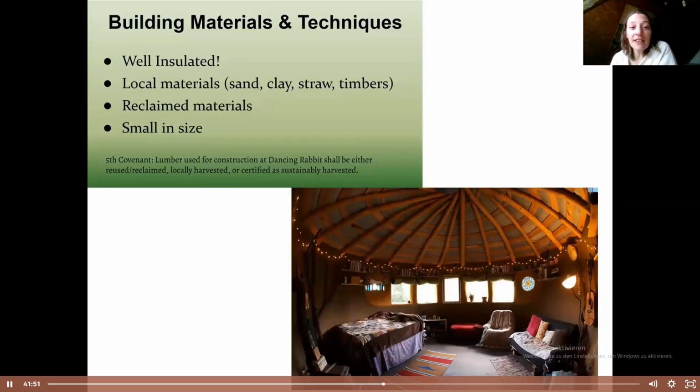And in this Dancing Rabbit, they have the fortune to have hardly any restrictive building laws in Missouri. And so they have really nice experimental buildings here. This is a clay wood round building with a so-called reciprocal roof.